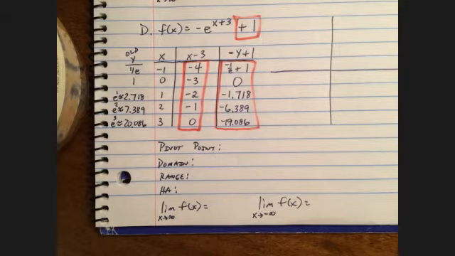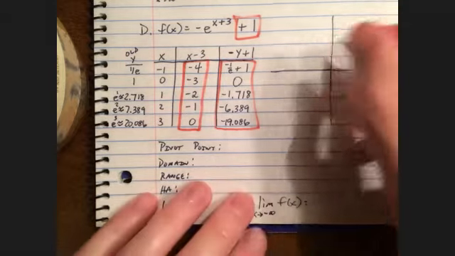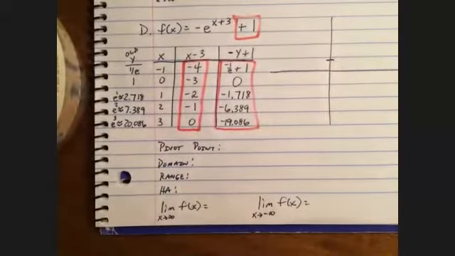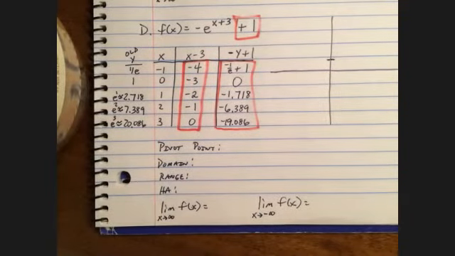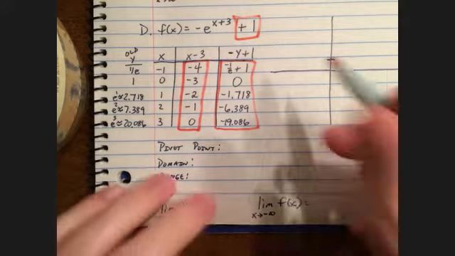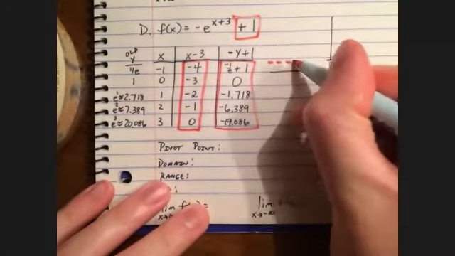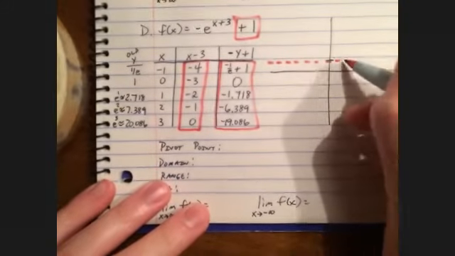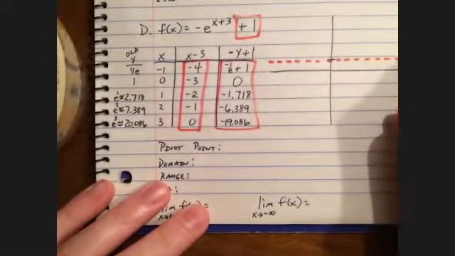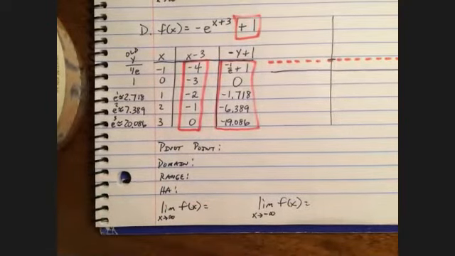So I think it might help a little bit. Plot that horizontal asymptote. Remember, it's just a shift up 1 unit from our normal horizontal asymptote, which is y equals 0. So just throw that in there.